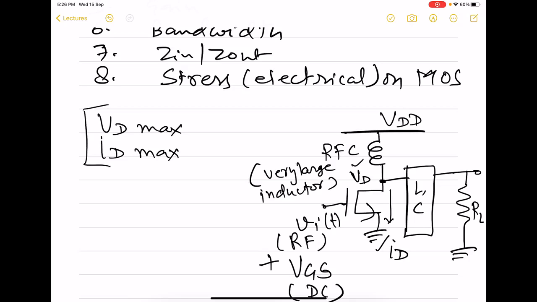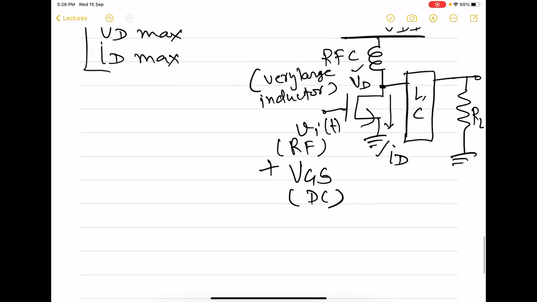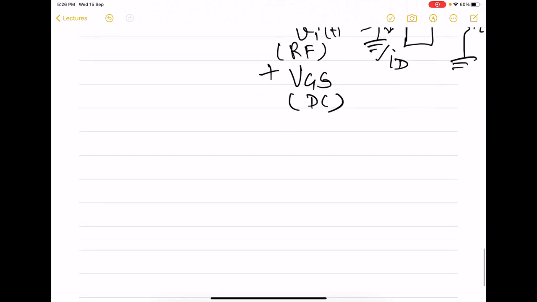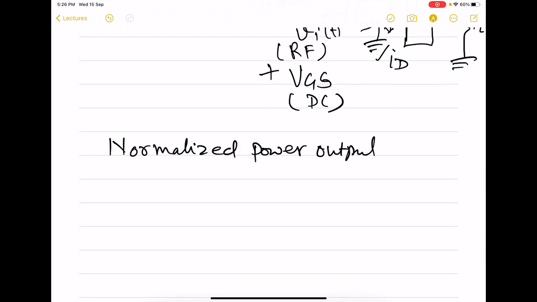So this is another parameter, and this is mathematically conveyed by defining a ratio that is called normalized power output capability.